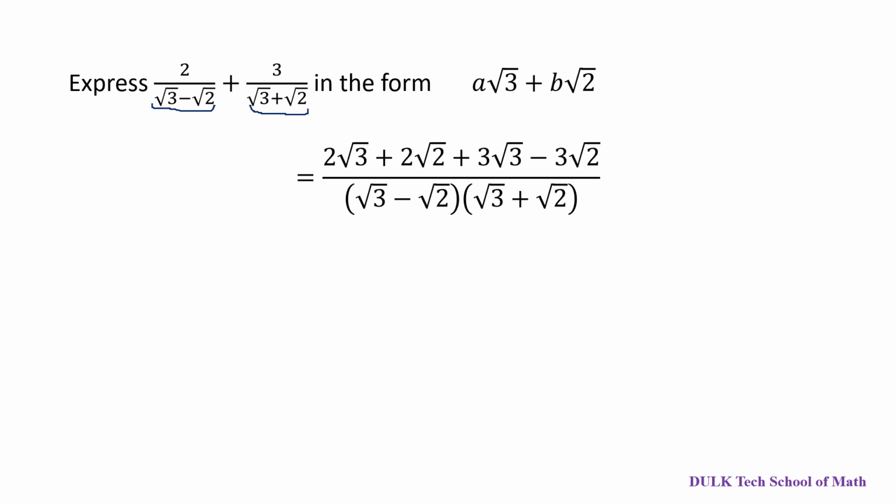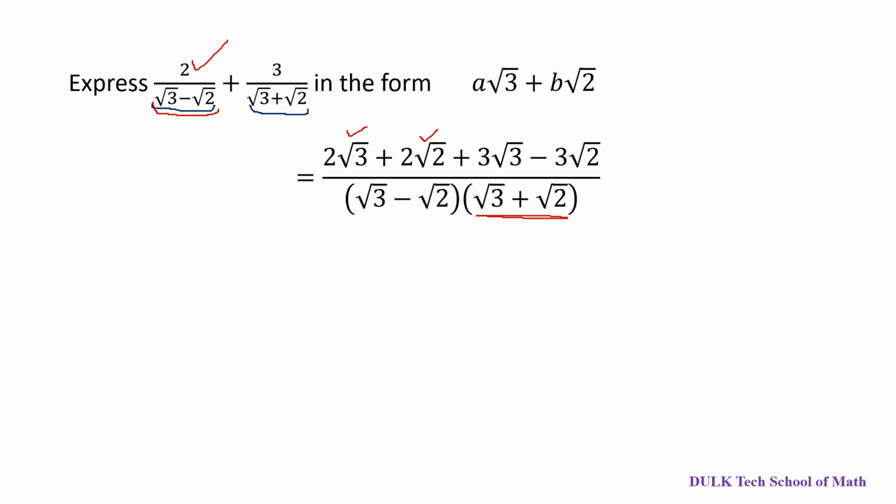Now, let's express this as a single fraction. Root 3 minus root 2 into the common denominator will give us root 3 plus root 2. And this root 3 plus root 2 will multiply the numerator of the first fraction. Right. And we will get 2 root 3 plus 2 root 2. Done with the first fraction.